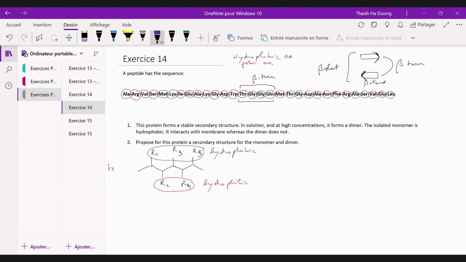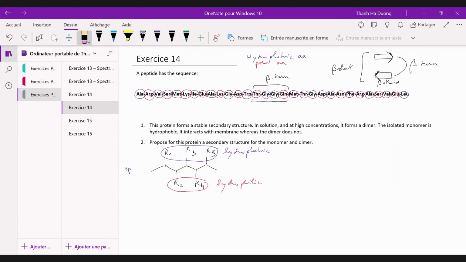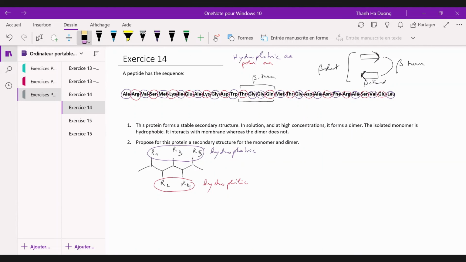This is a side view of the sheet. So you have two strands connected by a beta turn, and so it forms a beta sheet.